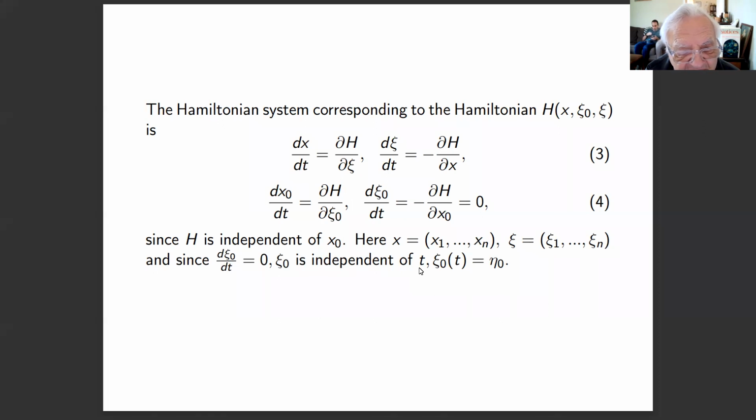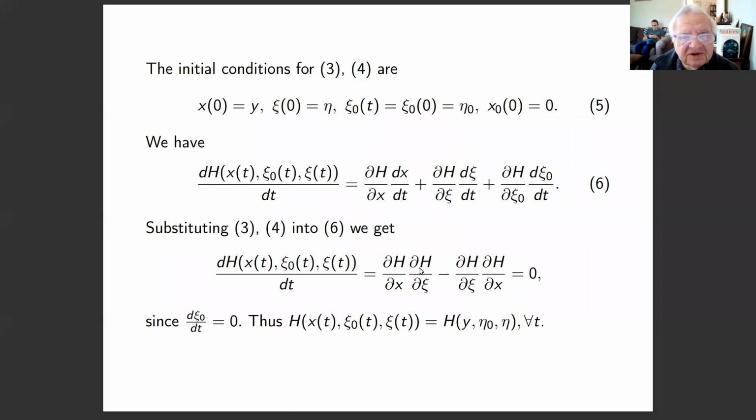And from 4, because dH/dx0 equals 0, dxi0/dt equals 0, so xi0 is independent of t. The initial conditions for our Hamiltonian system are x at 0 equal y, xi at 0 equal eta, xi0 of t equal eta 0, independent of t, and x0 at time 0 equal to 0.